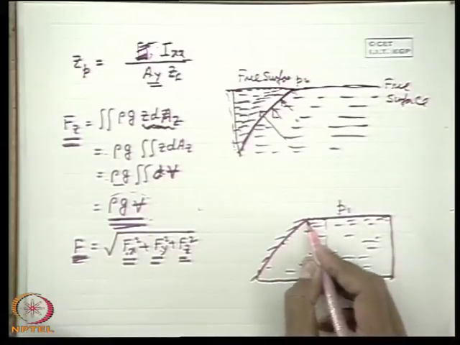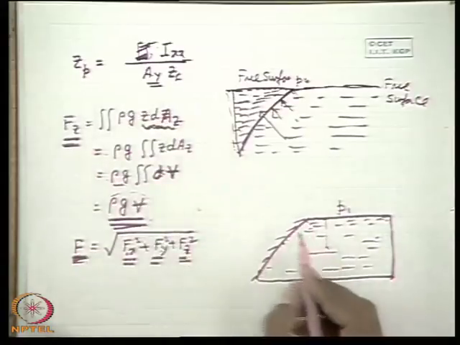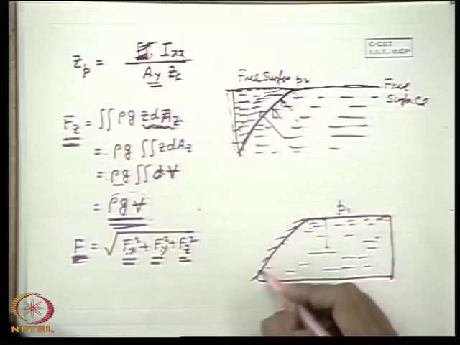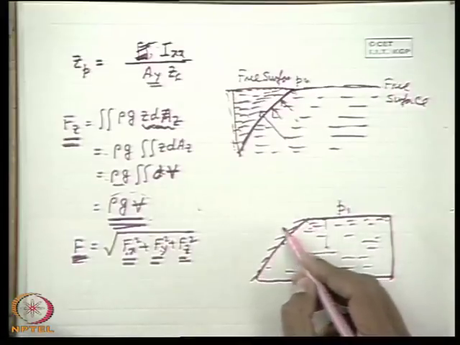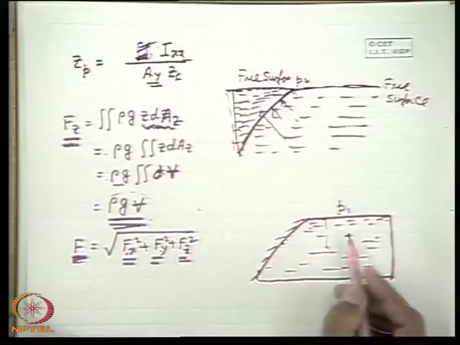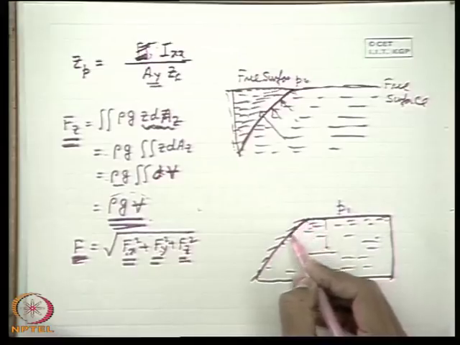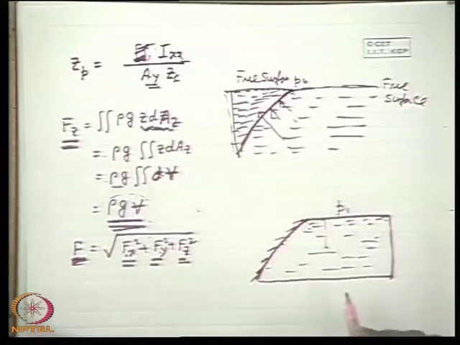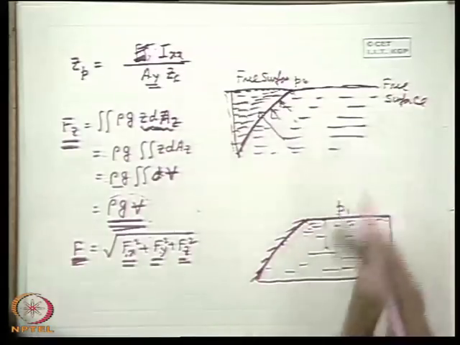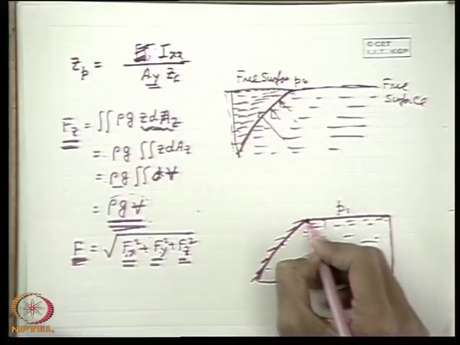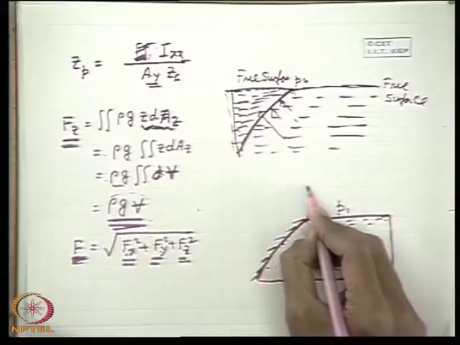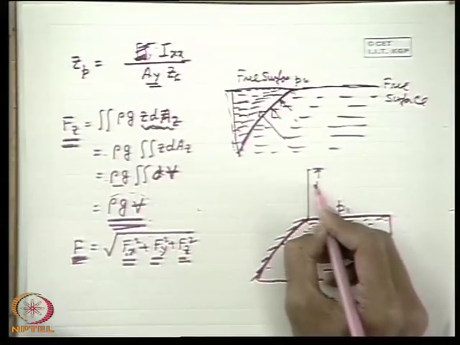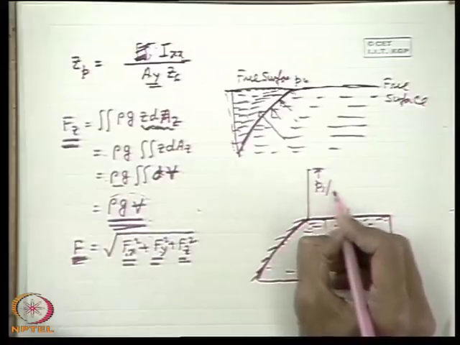You can go with the analytical expression by integration, but if we have to use this concept and are told to find the vertical component of the hydrostatic force, then we cannot treat this as a surface submerged below a free surface of water, but we can transform it by imagining a free surface at a vertical height H equal to P1 by rho g.